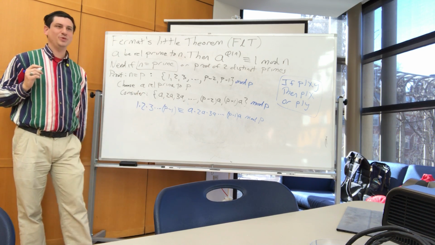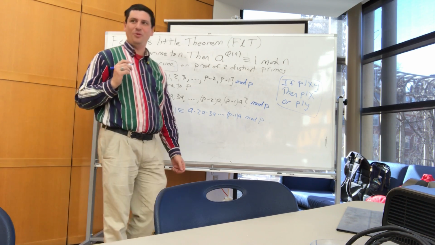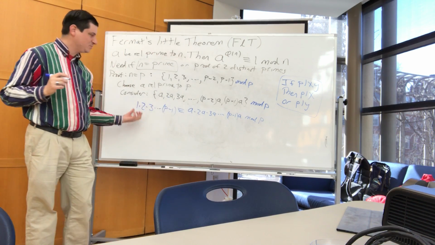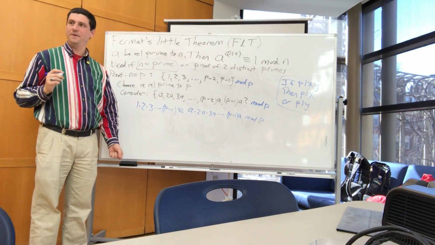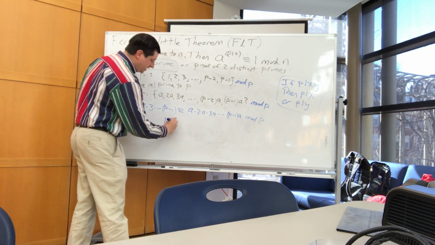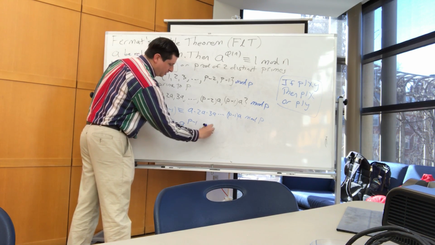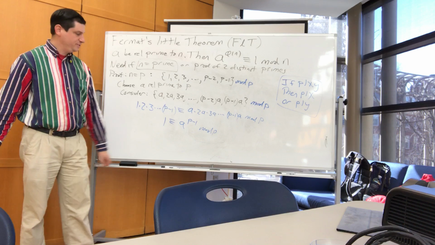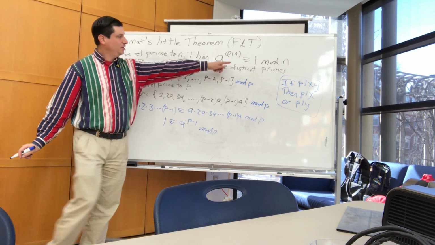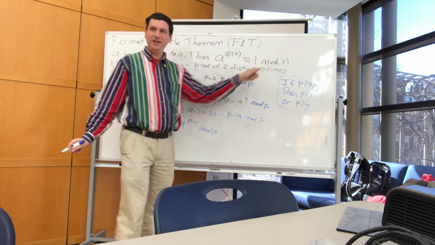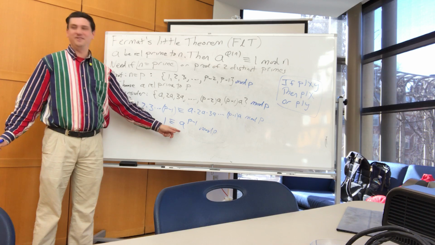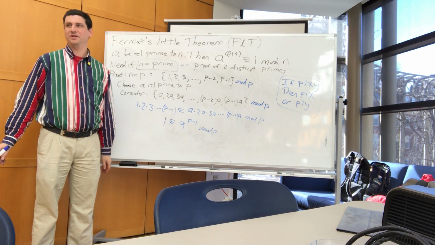Both sides have a P minus 1 factorial. So I can cancel the P minus 1 factorials from both sides. And so we get 1 is congruent to A to the P minus 1 mod P. And so the only difference is that over here I have the mod N on the side of the 1, and here I have the mod on the side of the A. Not a big deal.